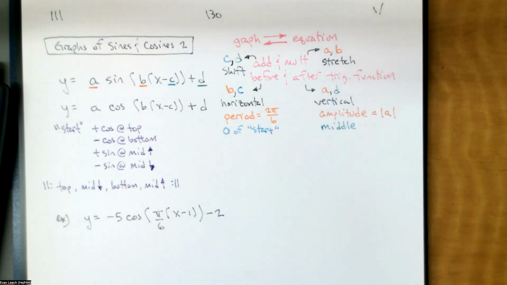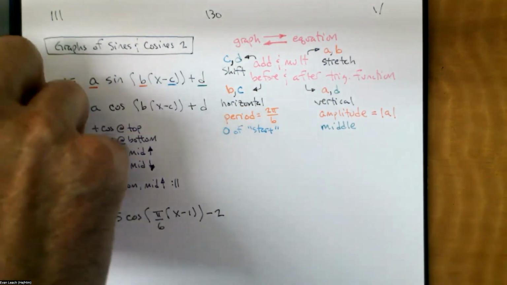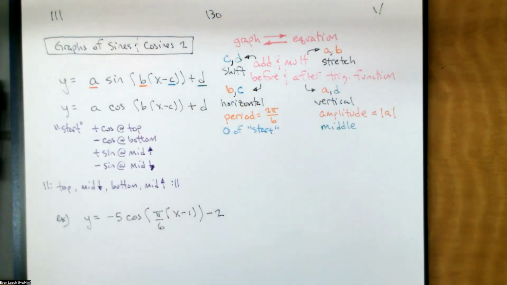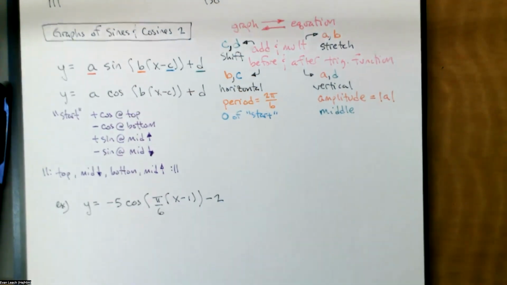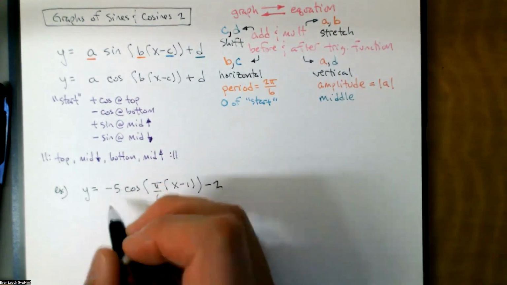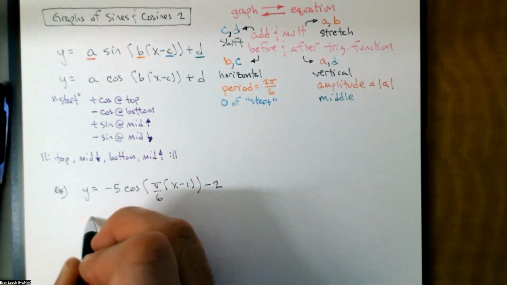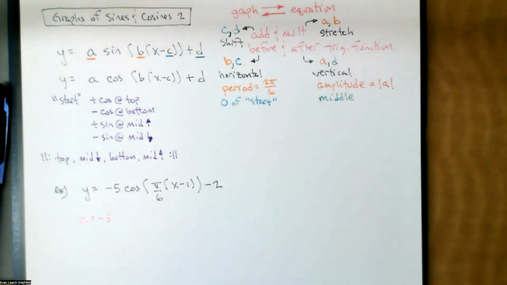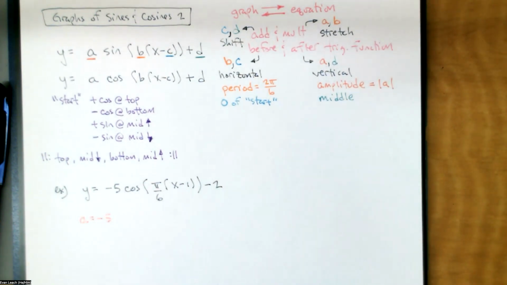So first, we just want to identify what A, B, C, and D are and what those numbers tell us about this function. First, we'll notice that A is -5. A tells us two things: the amplitude and part of the point that we start at.